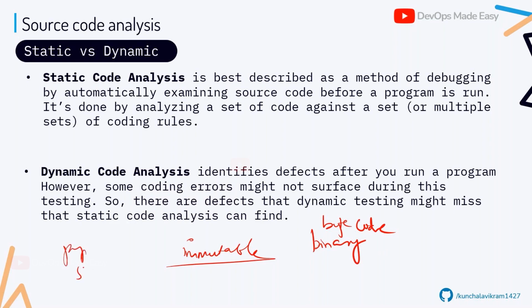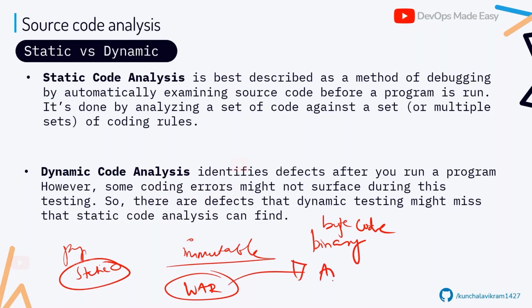Python also is static analysis. Dynamic analysis means you do it on a running application. I'm not saying that in case of Maven you run dynamic test cases on the war file. I'm saying you run this war file as an app, and you run your test cases on the app.